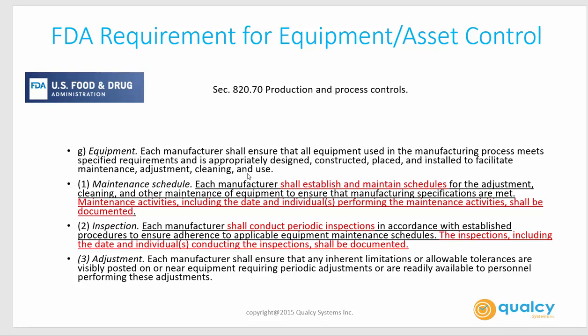We'll cover this in more detail in the next slides. We also have requirements for maintenance schedules, for the inspection of these production and process equipment, and for adjustment if we are making any adjustment for the production and process equipment.